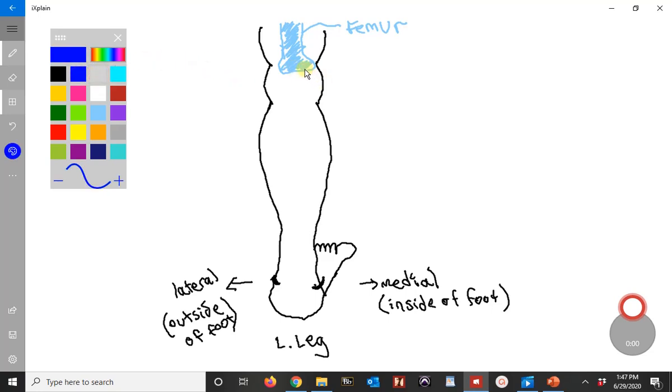So on the bottom of the femur are these two condyles. This is a little smooth section, and this is a little smooth section, because that's going to hook up to the tibia.